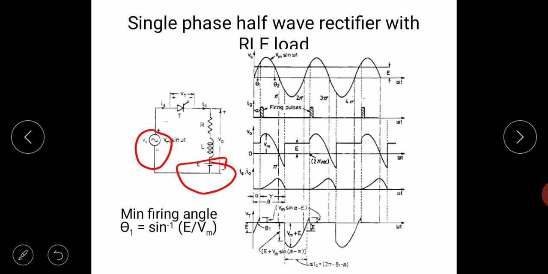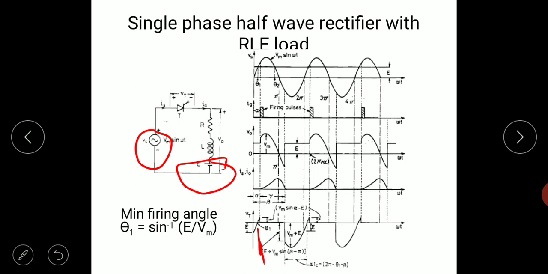If you watch this angle theta 1 in the Vt waveform, you can see that at this instant theta 1, Vm sin omega t minus E will become 0. So the thyristor voltage is 0 at the instant omega t is equal to theta 1. So the SCR voltage is negative before theta 1 and has become positive after theta 1.